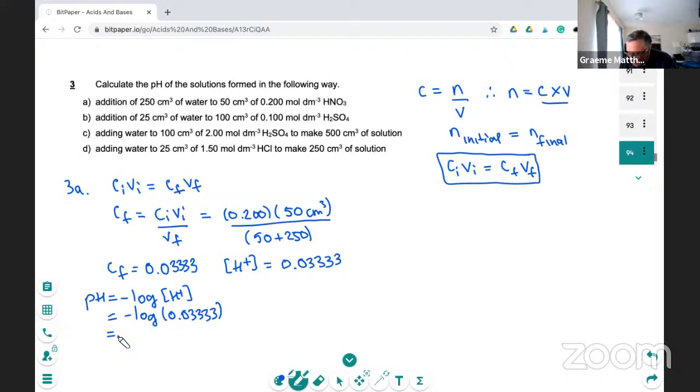Let's do it live in the calculator: minus the log of 0.03333 is coming back as 1.48. So you need to have 2 decimal places, 1.48 as my pH.